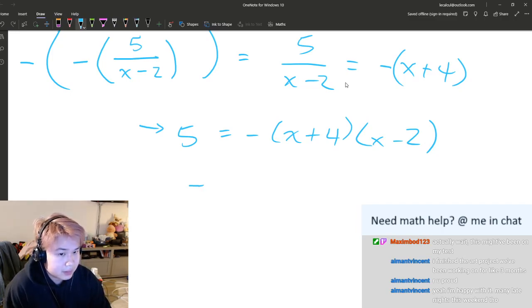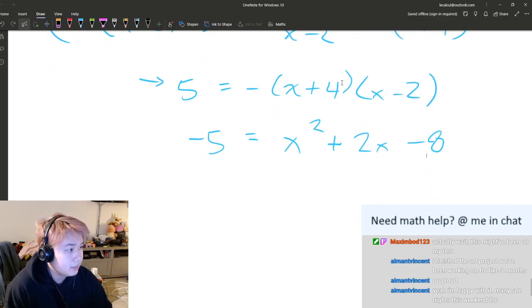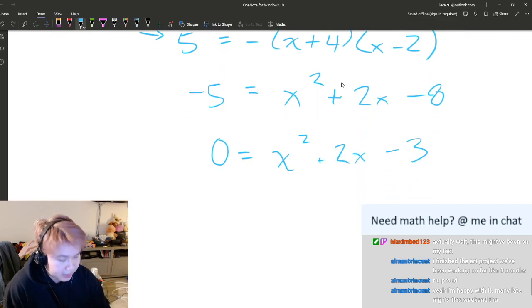And of course, that just means the negative goes over here to make things a little bit simpler. And now I'm adding the 5. And this one is factorable.